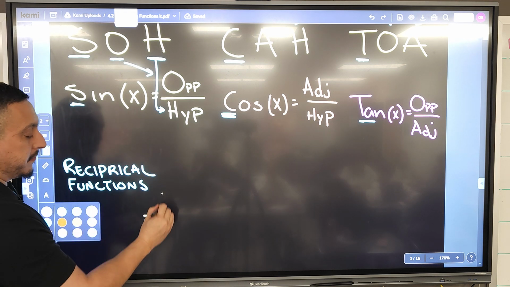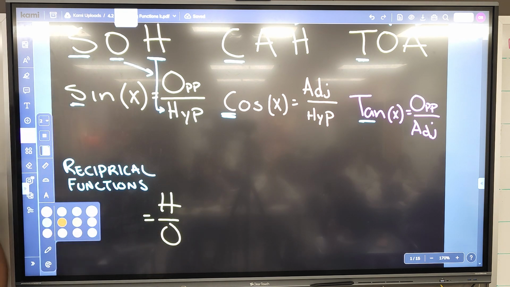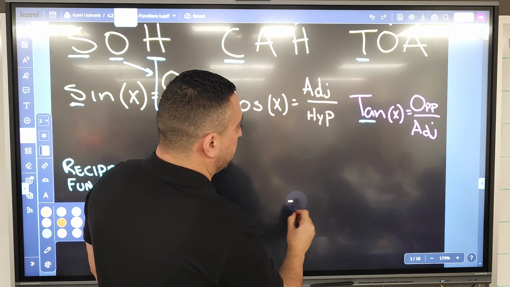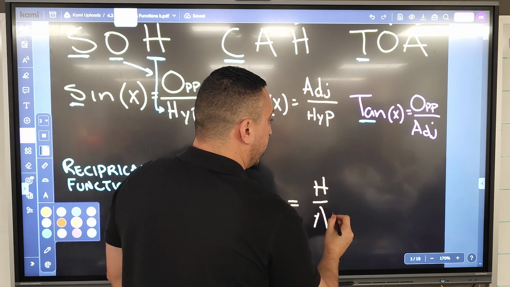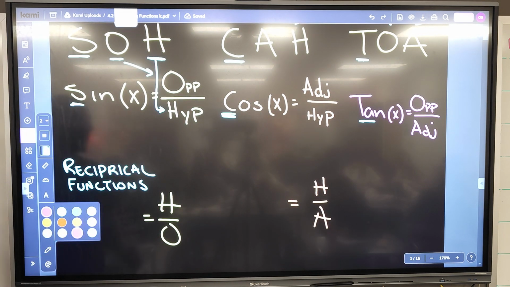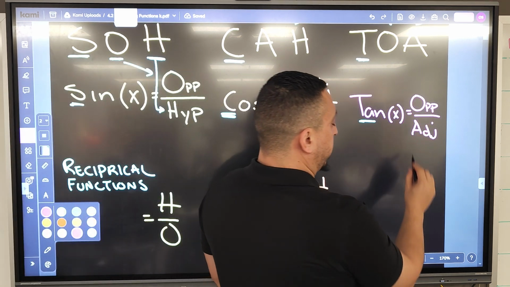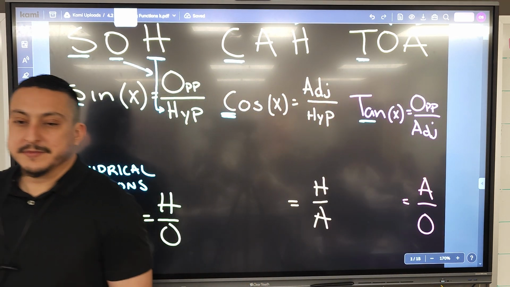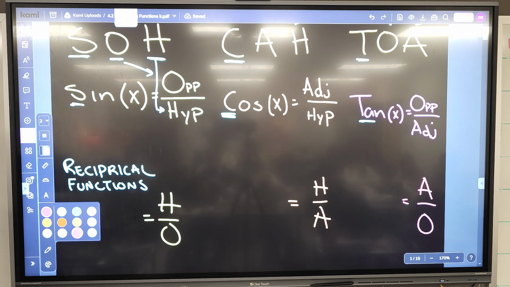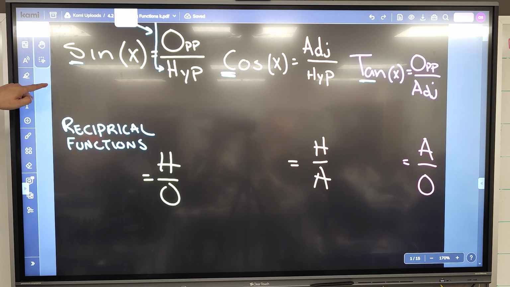Instead of O over H, it's H over O. Instead of A over H, it's H over A. And then instead of O over A, it's A over O. So that's what we mean by reciprocal. Just flip.